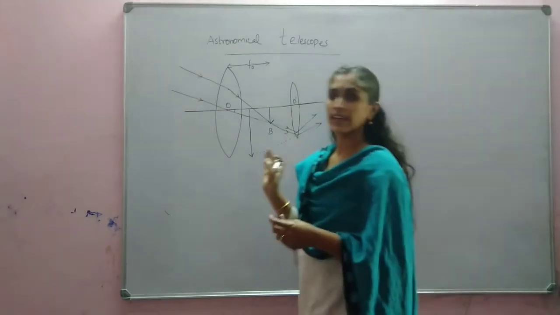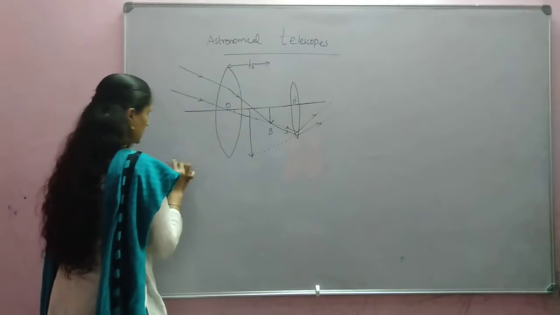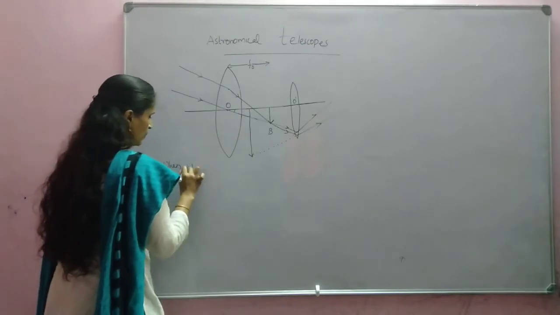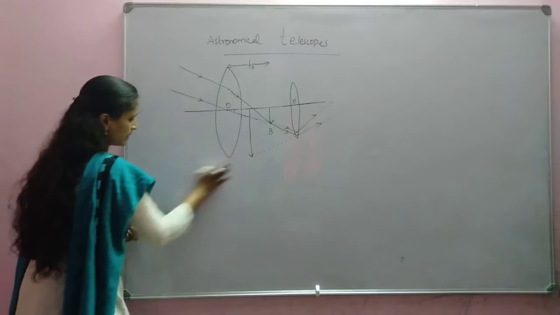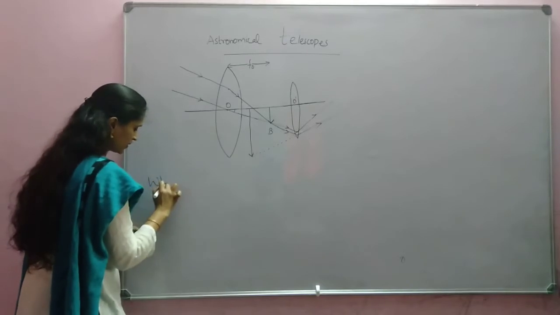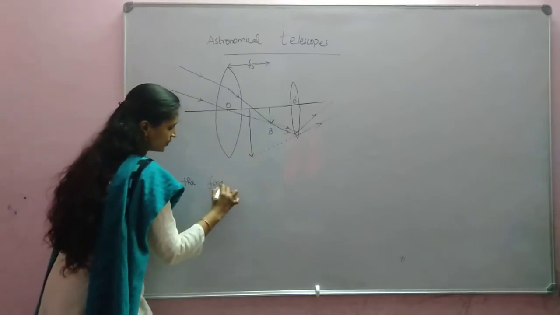So this is the diagram for the telescope when the final image is formed at least distance of distinct vision.